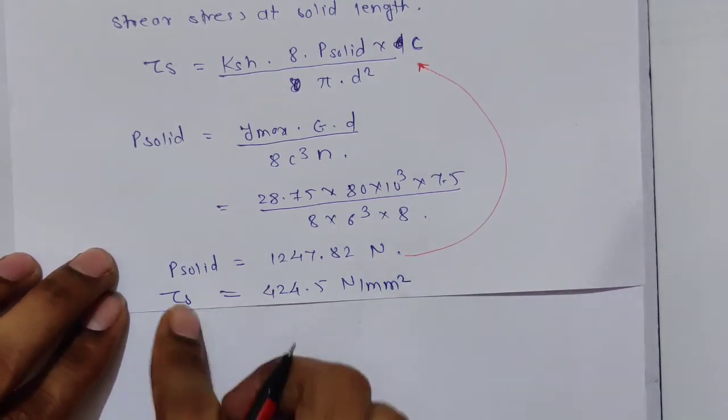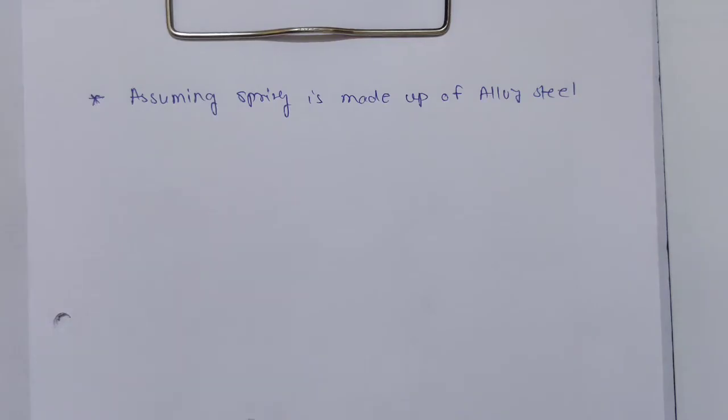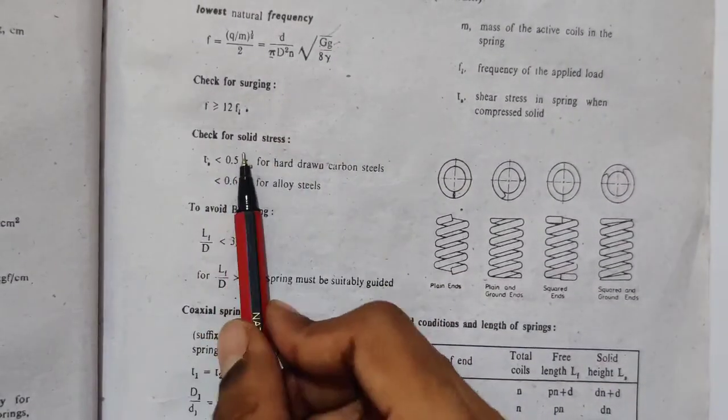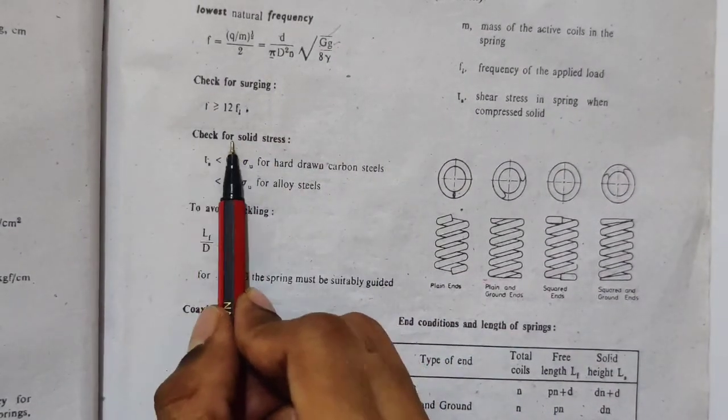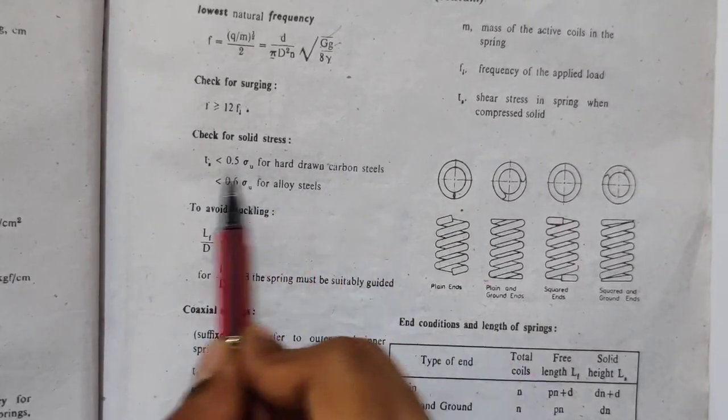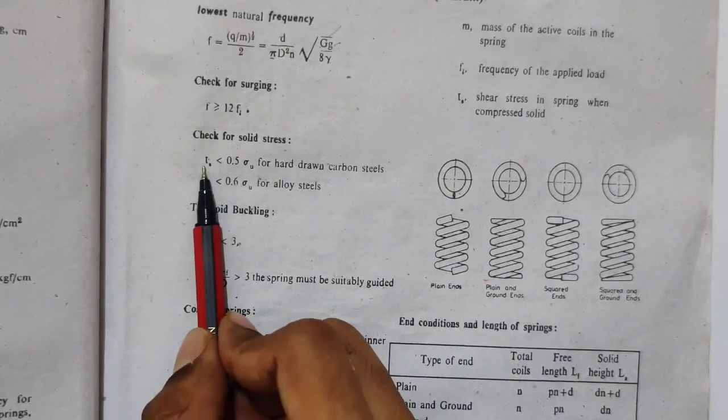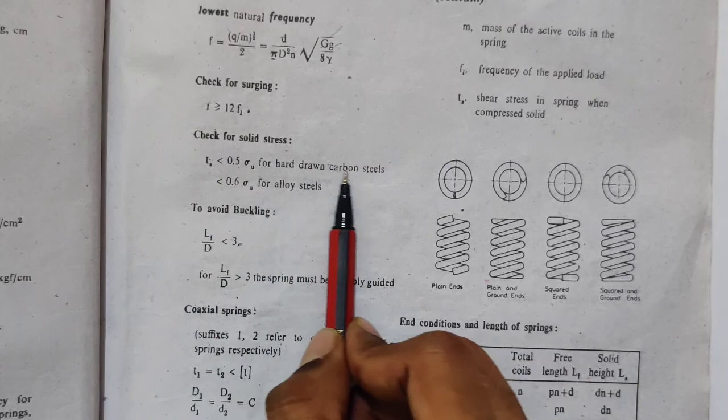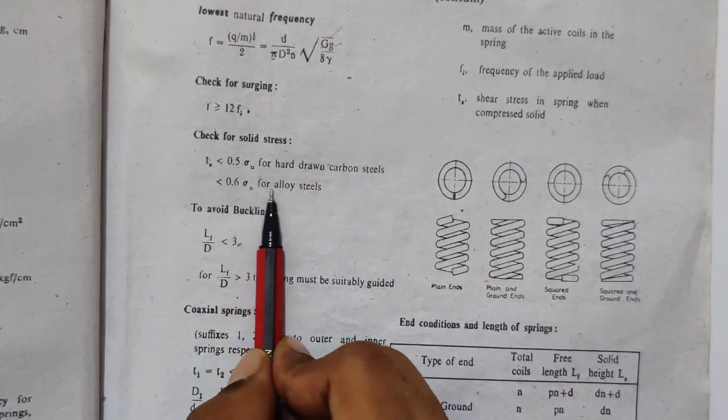Now we have to check the solid stress. Let's check for solid stress. It is given in PSG 7.101. We have two values for tau s: 0.5 sigma u for hard drawn carbon steel and 0.6 sigma u for alloy steel.